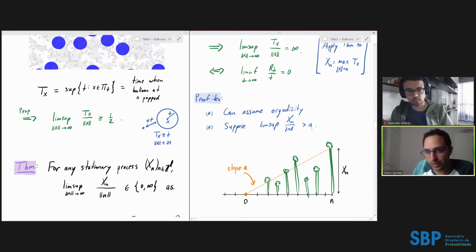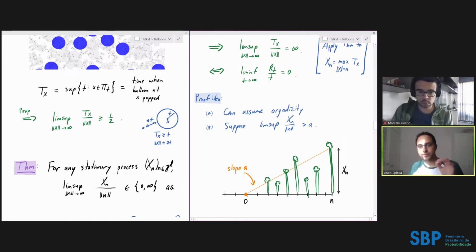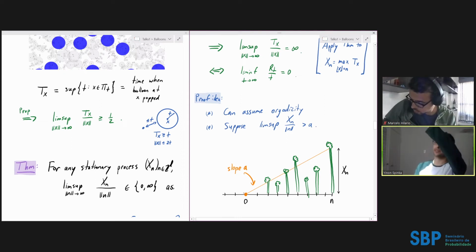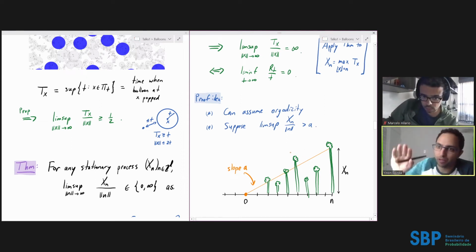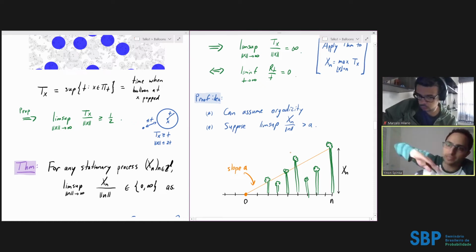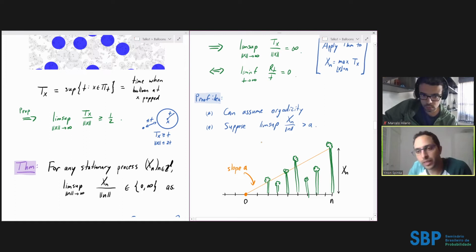So the lim sup being greater than a means that when you stand at the origin and look at a slope a, you're going to see infinitely many treetops above that slope. And just by translation invariance, that's true at any point you look at.